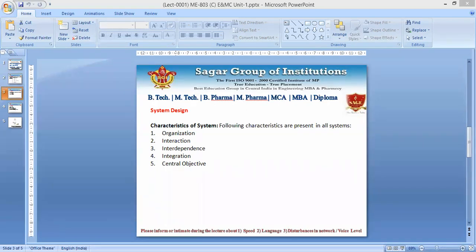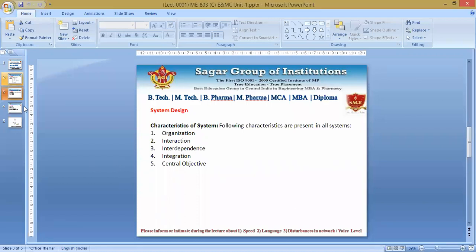For solar system, there are countless subsystems, or countless planets. So this way, planet can be treated here as subsystem and system, and galaxy is treated here as supra system. Now let us move to next slide.